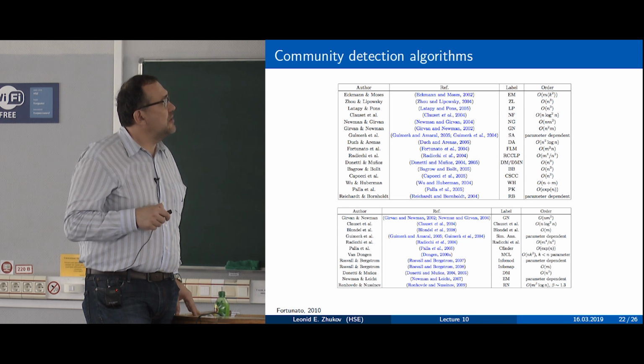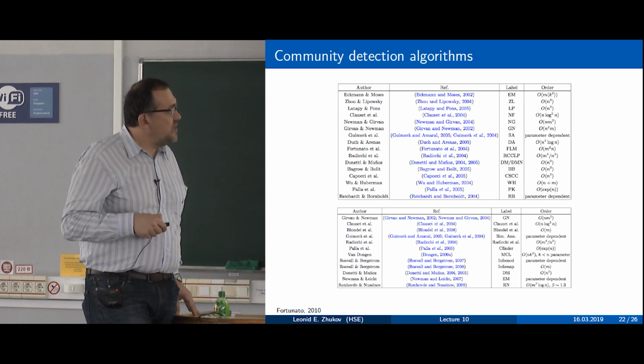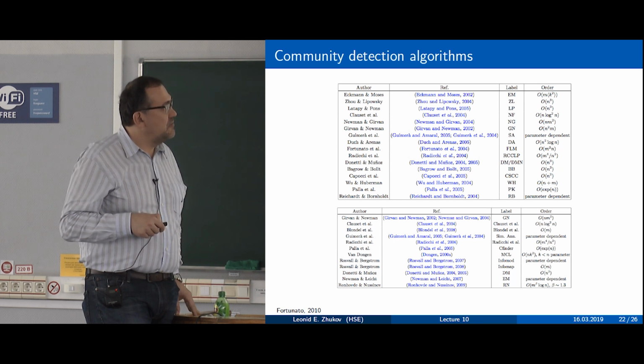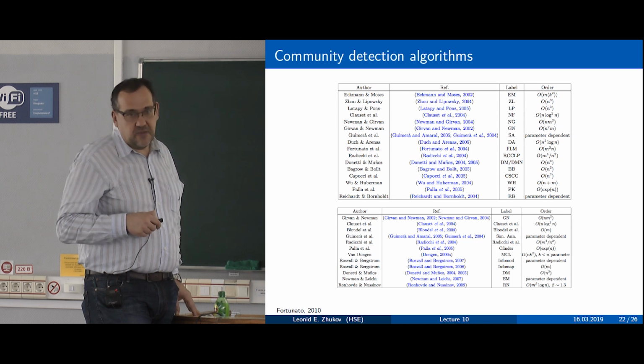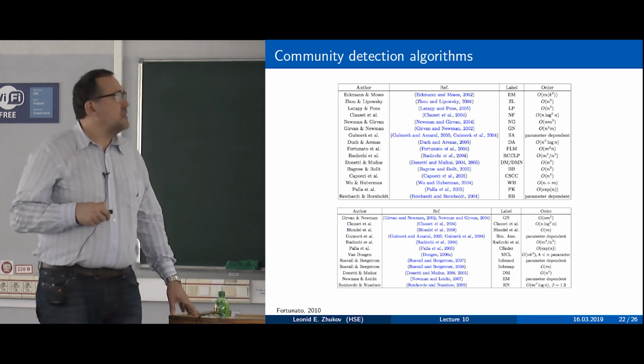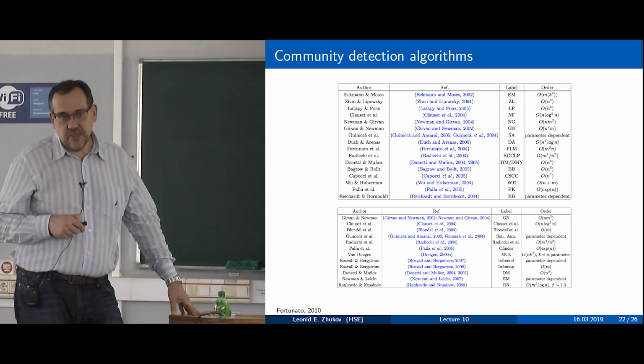A lot of algorithms are n squared, which is also really bad for computing. But some of them are like n log squared n. This is good, right? O of m, this is Blondel, which is O of the number of edges. So there are some of them that actually can work on large graphs. Or here one is O of n plus m. So these are the ones you might want to use in real life.